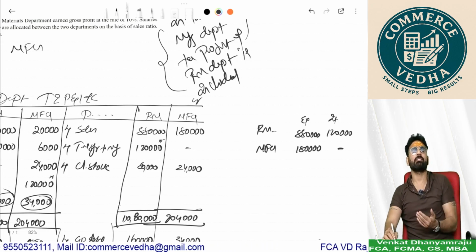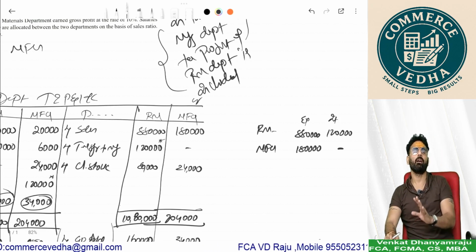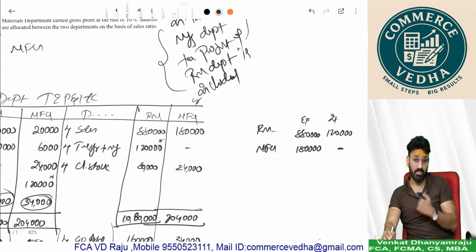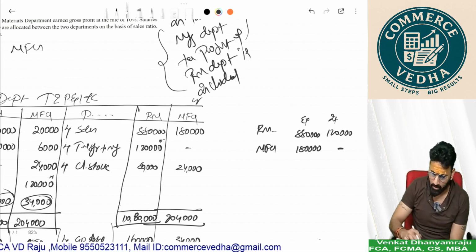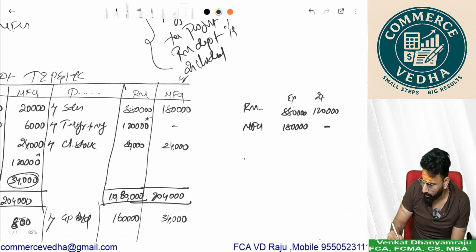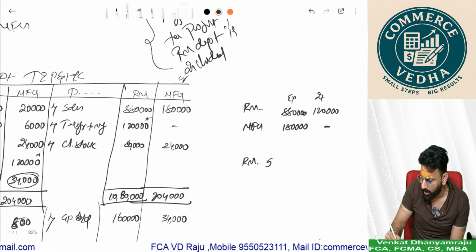So when I say sales ratio, I generally avoid the internal sales because that is not a sale, that is internal transfer.